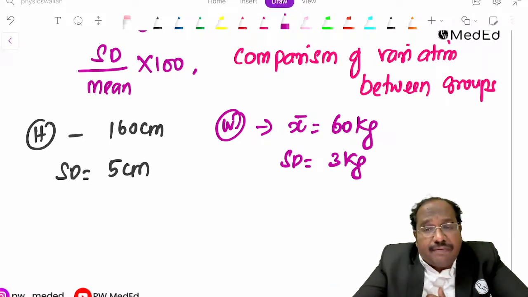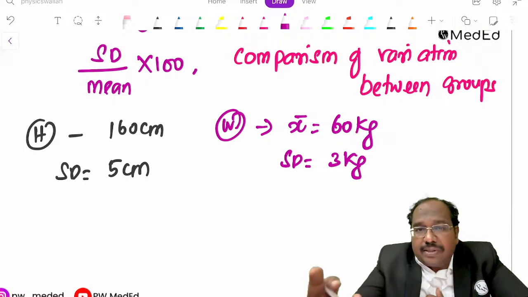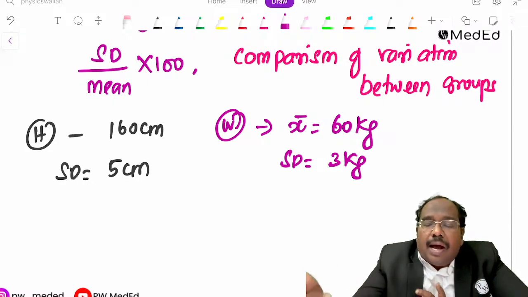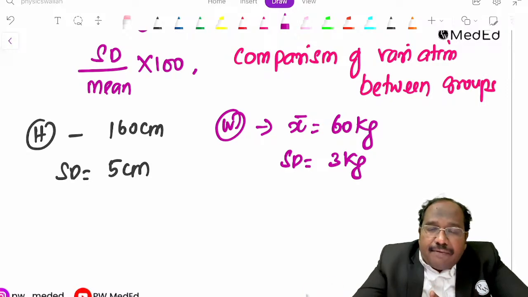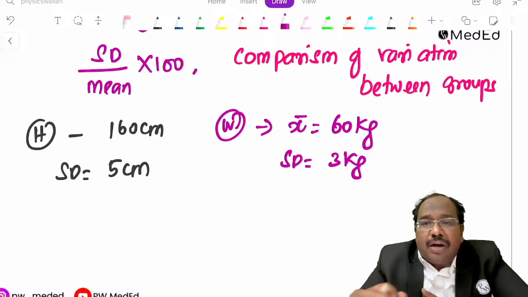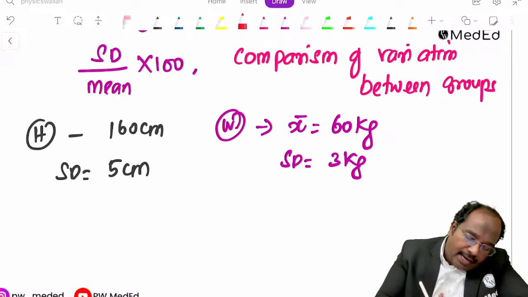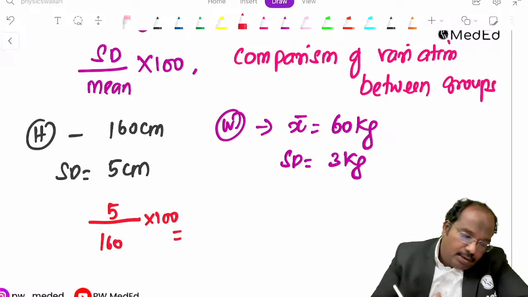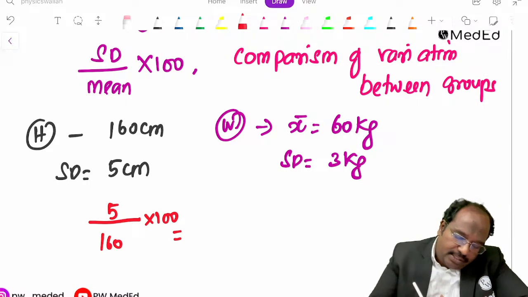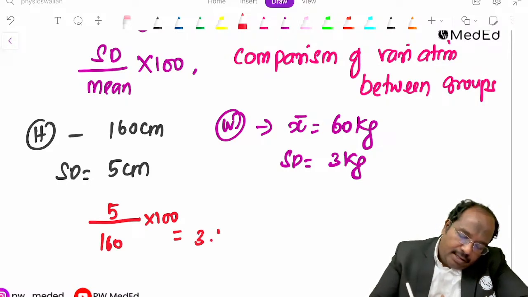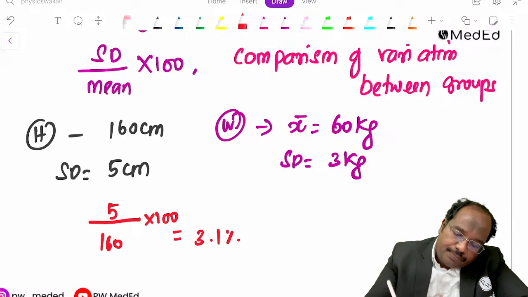This is coefficient of variance. This calculation itself was asked. Height is measured in centimeter, weight is measured in kg, so we cannot compare directly. Then we have to apply this. 5 by 160 multiplied by 100, so 500 by 160 is roughly 3.1 percent.